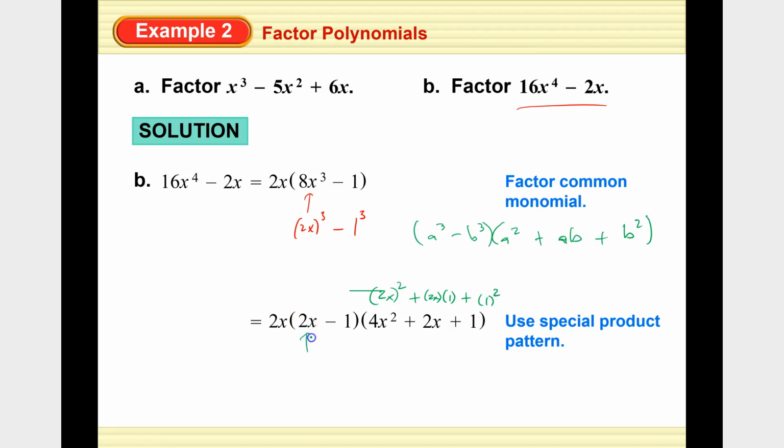And then here, this is just your a, and this is your b. And therefore, 16x to the 4th minus 2x is equal to 2x times the quantity 2x minus 1 times 4x squared plus 2x plus 1.